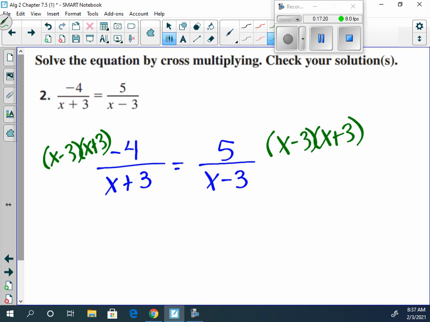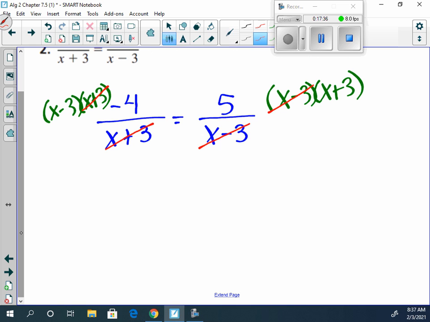We multiply both sides by x plus 3 and x minus 3, because we know the denominators will simplify out if we do this. x minus 3 and x minus 3, x plus 3 and x plus 3. Which leaves us with negative 4 times x minus 3 is equal to 5 times x plus 3.